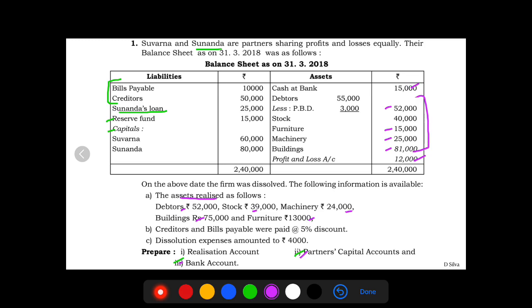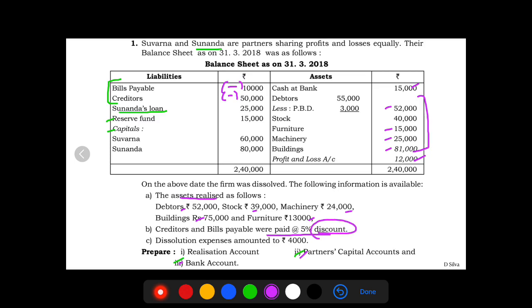Further, point number B, creditors and bills payable were paid at 5% discount. So what do we understand from the question? Liability is the obligation of the business to pay. Now when you are making payment, you need to show 5% discount. So your liability is actually reduced.